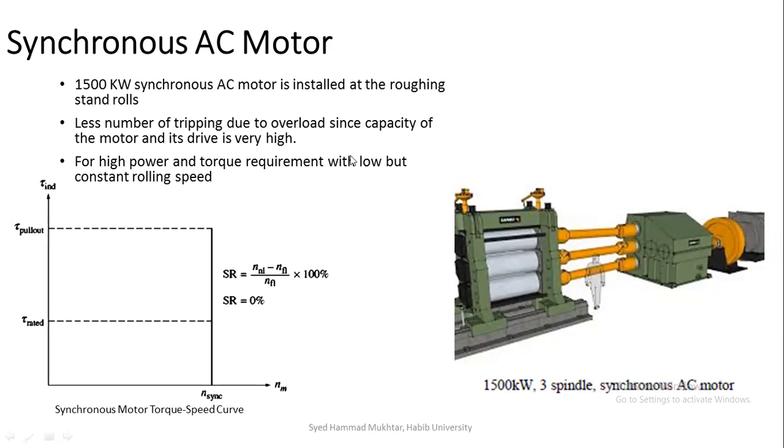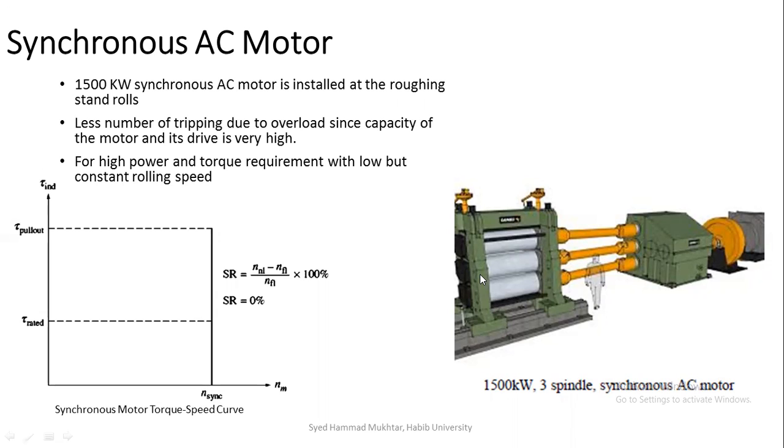There are already fewer trippings due to overload, since the capacity of the motor and its drive is very high. It's a 1500 kilowatt motor, so the tripping due to overload is pretty less.